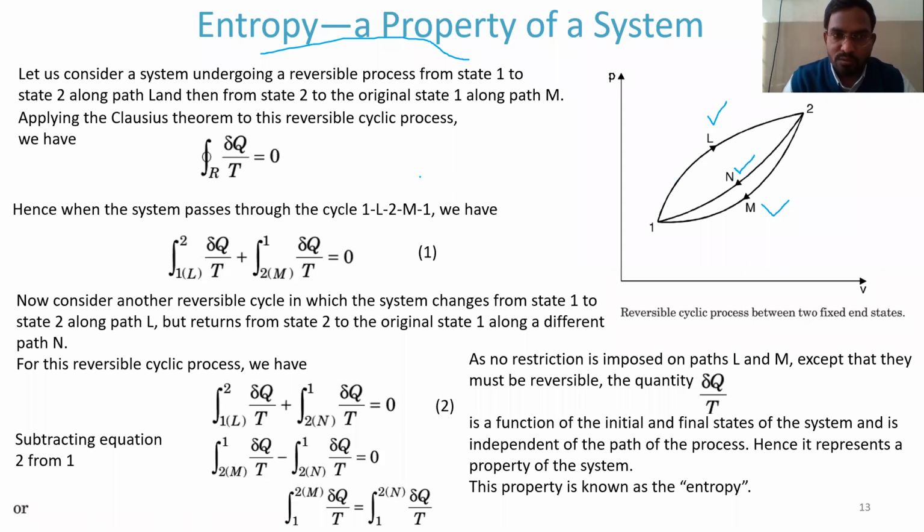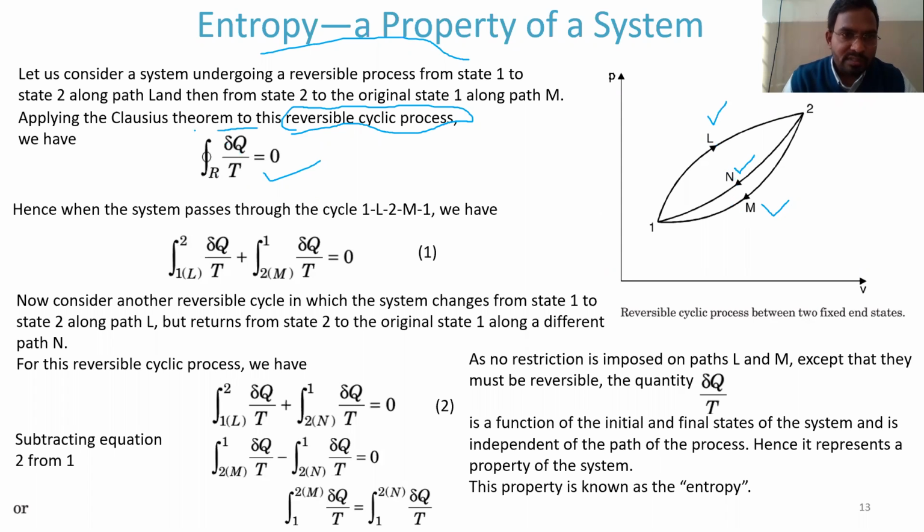Now, we already have proved that for reversible cycle, cyclic integral of dQ by T is equal to 0, that we have proved just in the last slide. Now, all these are reversible processes, even L, M also.